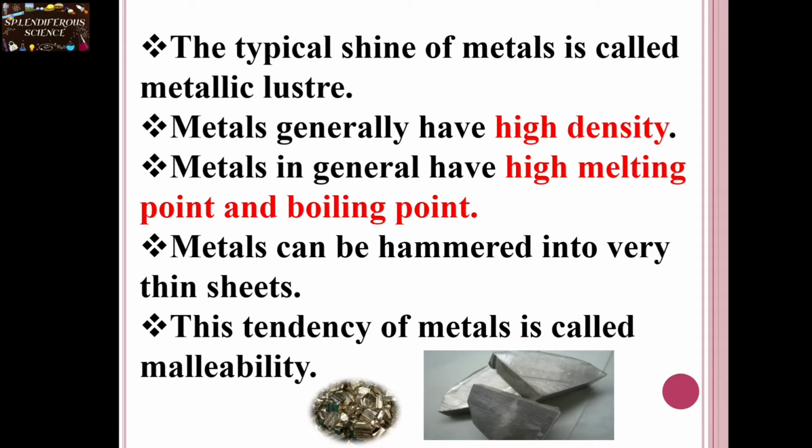Malleability is the property of a material by which it can be beaten to form thin sheets. So metals can be hammered into very thin sheets, and this tendency of the metal is called malleability.